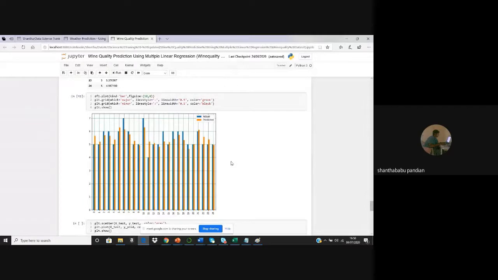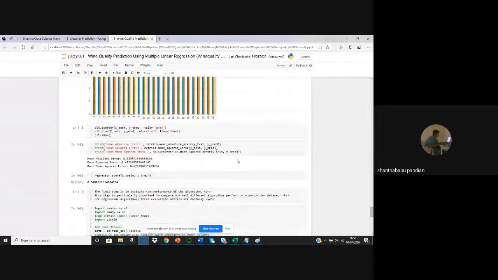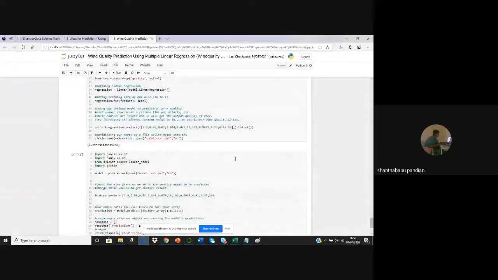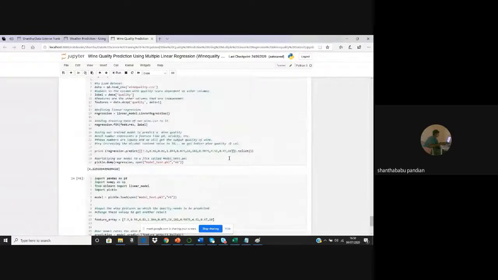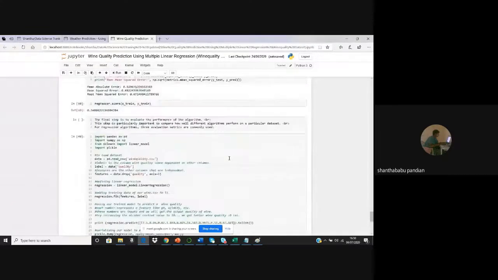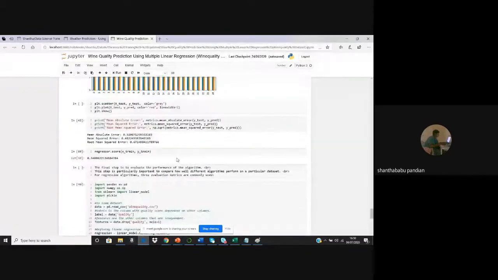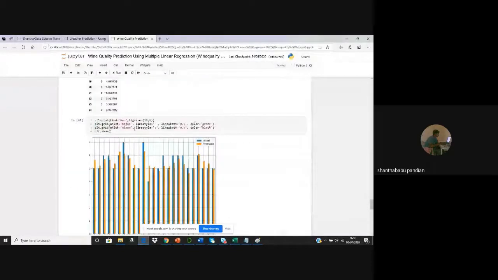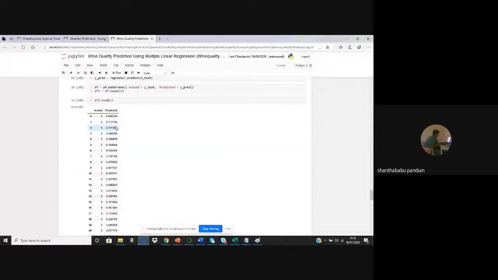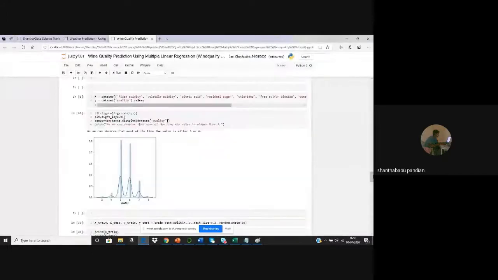Let me see what is the percentage of the values. One minute. Score. Even the score, I'm getting probably only the selected value. How many rows are there in this column?